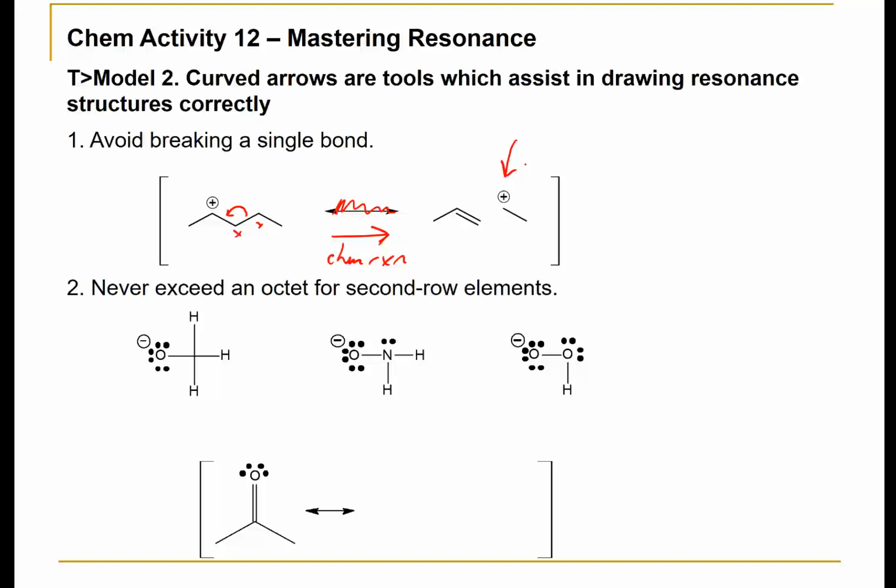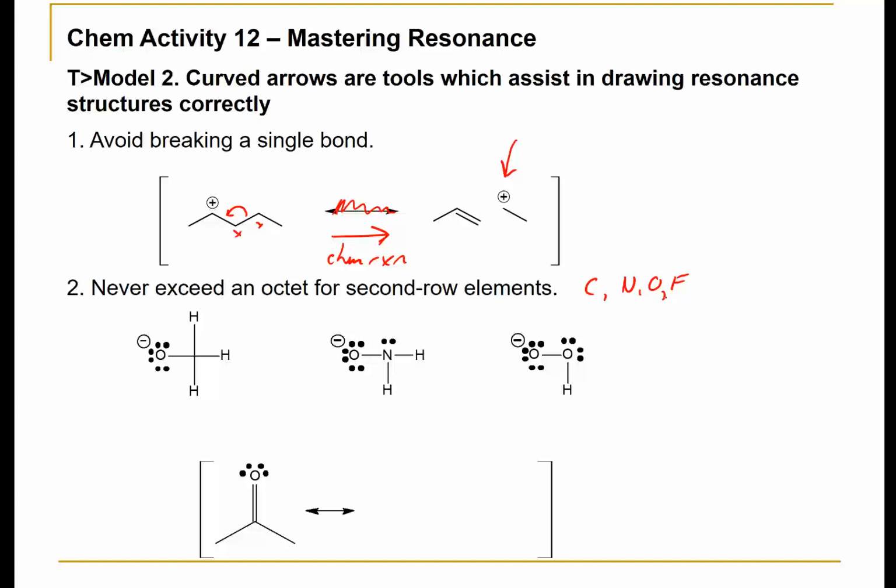Another thing to keep in mind in looking for other resonance forms is never to exceed an octet for second row elements. In particular, we're talking about carbon, nitrogen, oxygen, and fluorine. These elements will always have at most 8 electrons surrounding them in a chemical bonded structure. They could have fewer than 8 electrons, and we'll look at some examples a bit later, but they can never have more.